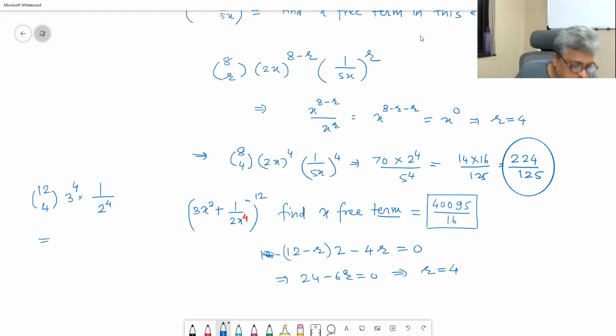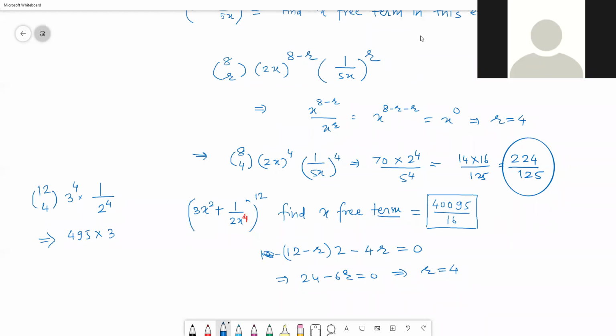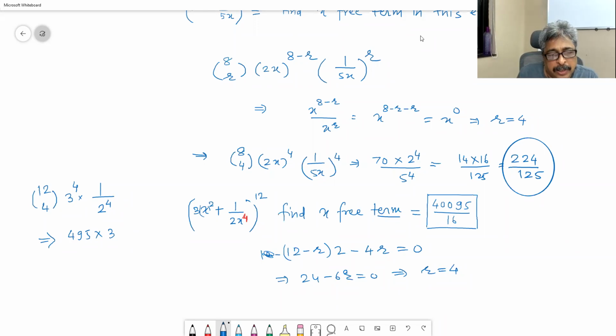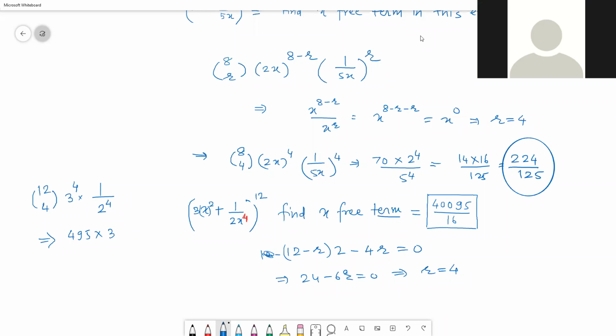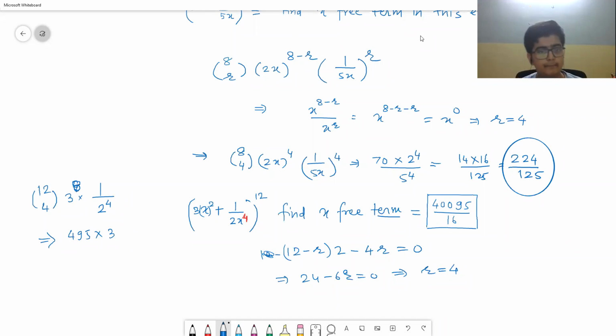12 choose 4 is 495. Into 3 raised to? So 3 raised to 8, right? No, this is x square only. It is not 3 raised to 2. Yes, sir, it should be 3 raised to 8, n minus r. Yes, 8 here.